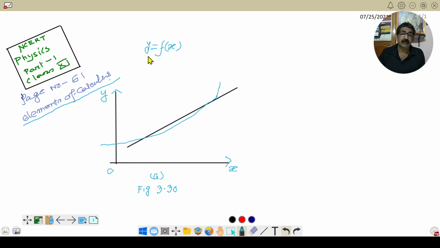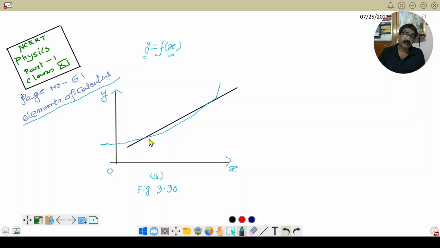That means the value of y depends upon x, and this dependence of x and y is given by this graph. This graph has been drawn in accordance with y is equal to f(x).